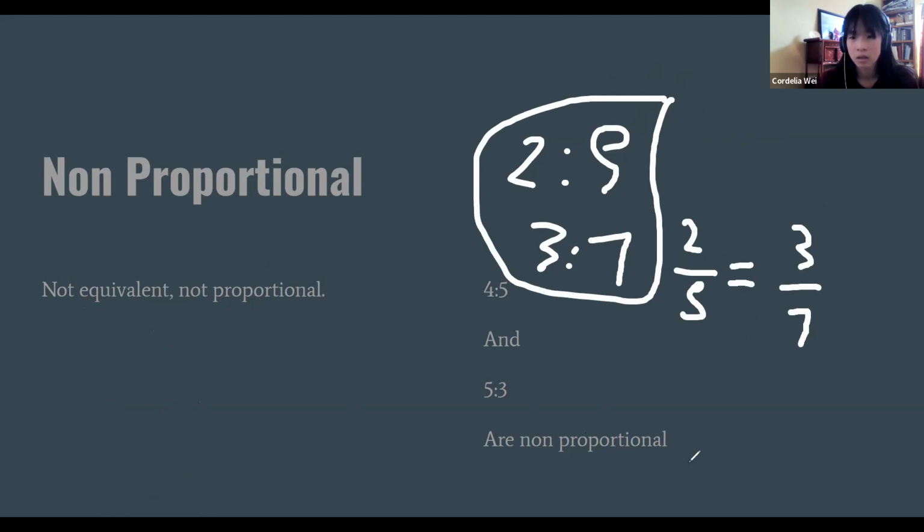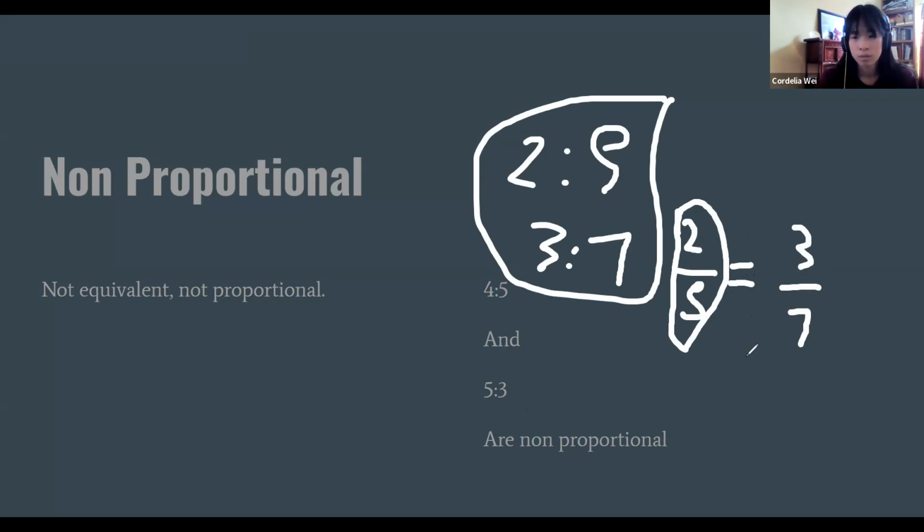So basically, one way we can do it is cross products, but I'm going to show you an easier way since I have some trouble with cross products myself. And I may show you later when we're doing some of the math problems. So basically what you can do is use 2 over 5 as your base. You need to get the top number to 1, so you can multiply by 3 and see if you get 7 in the bottom.